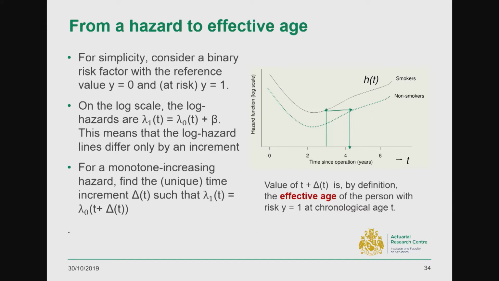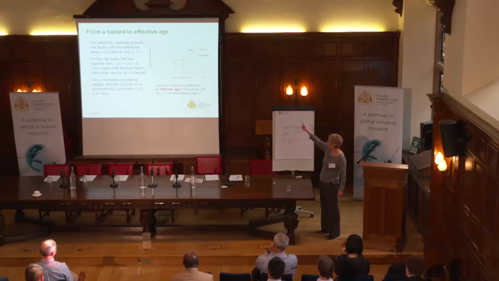So what I would do, I would try to look at the hazard for a smoker, which is my left green arrow. And I will try to see at what age the non-smoker has exactly the same hazard. And I'll call that age an effective age.